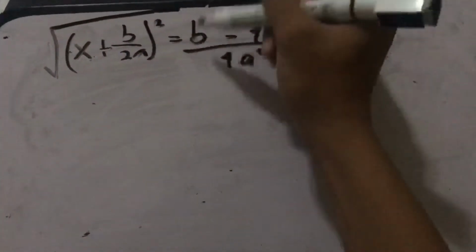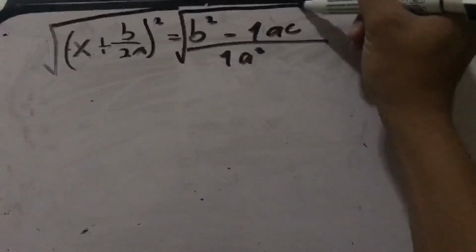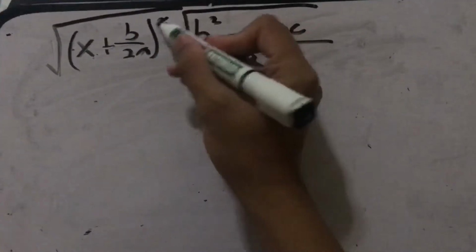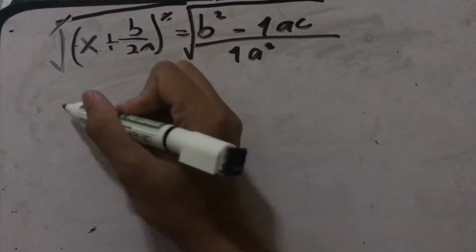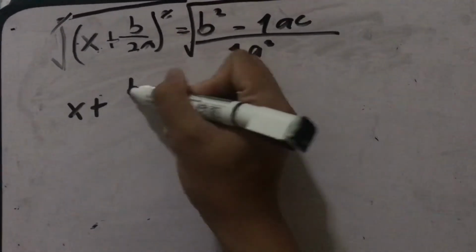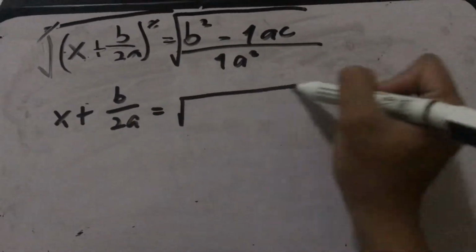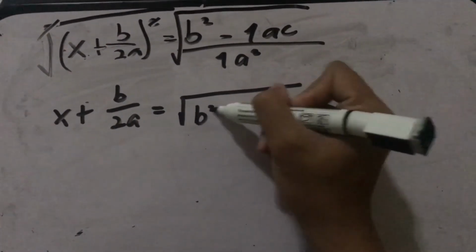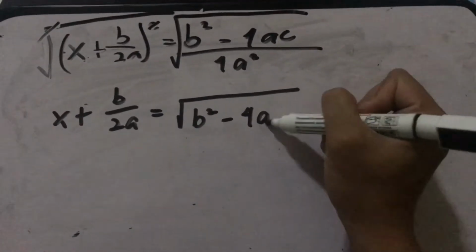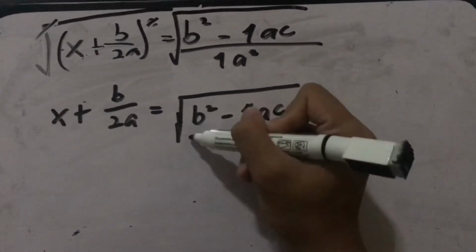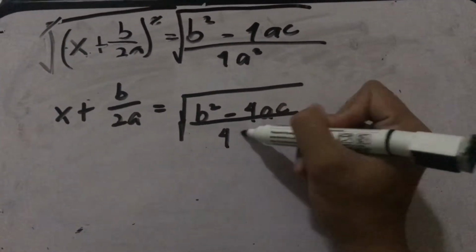Square root, then square root. So cancel here. So x plus b over 2a is equal to square root of b squared minus 4ac over 4a squared.